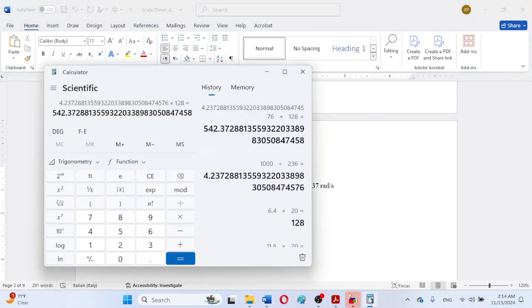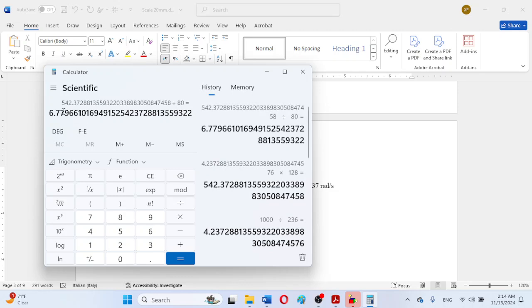And when this result was divided by 80 millimeter, it came out to be 6.779.